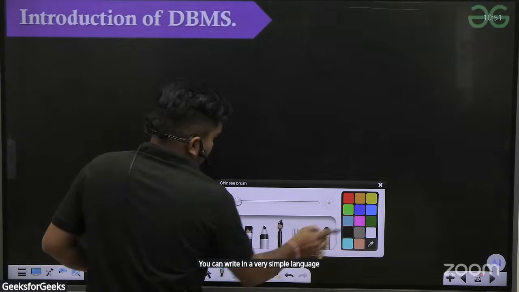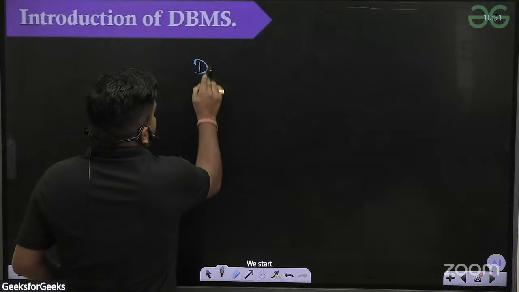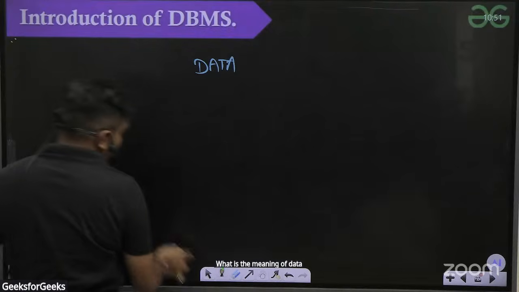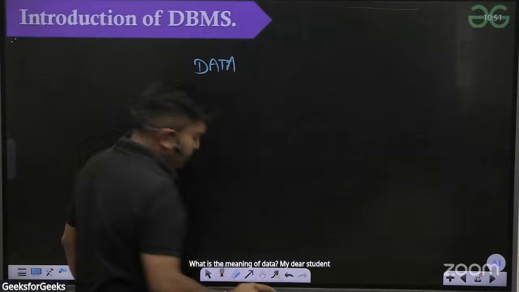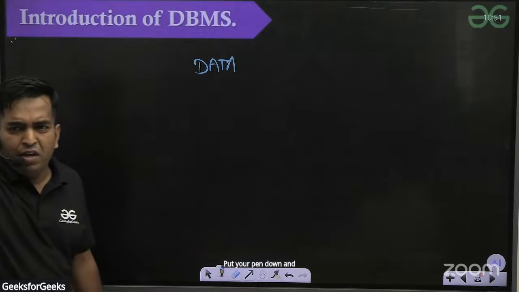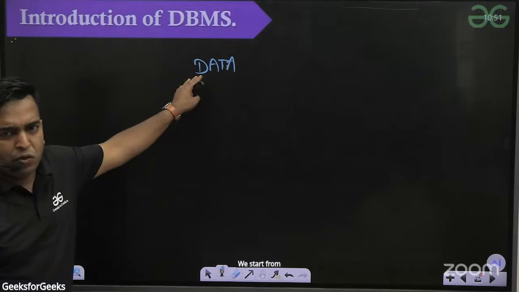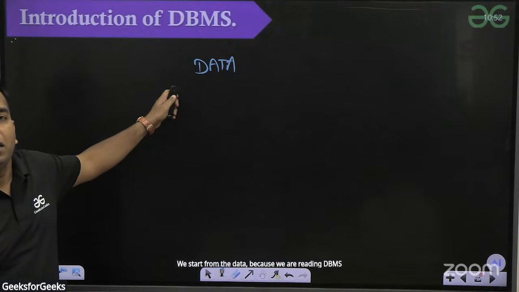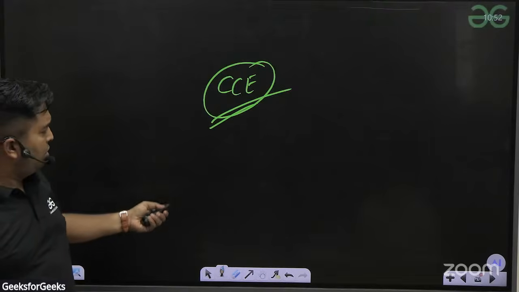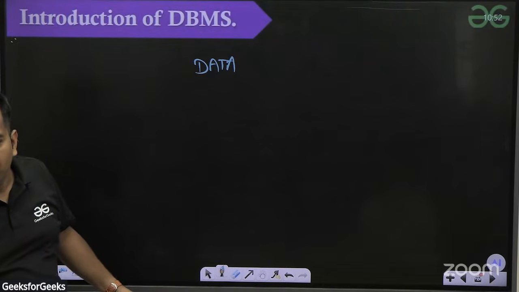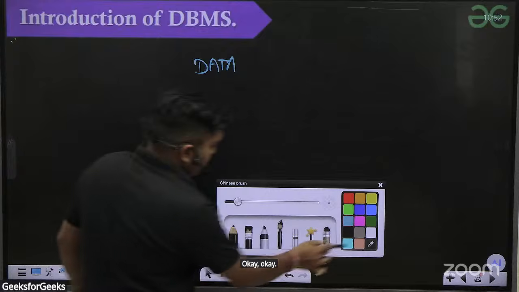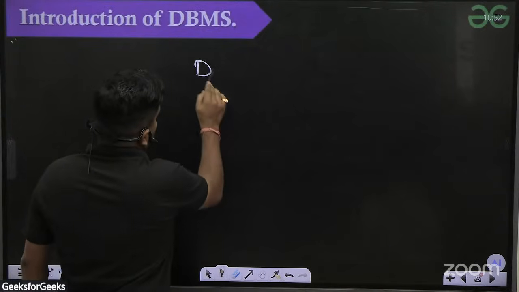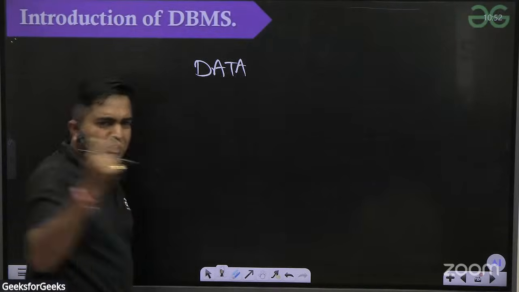First, we start with data. What is the meaning of data? My dear student, please put your pen down and listen carefully. We start from the data because we are reading DBMS. Now visible?